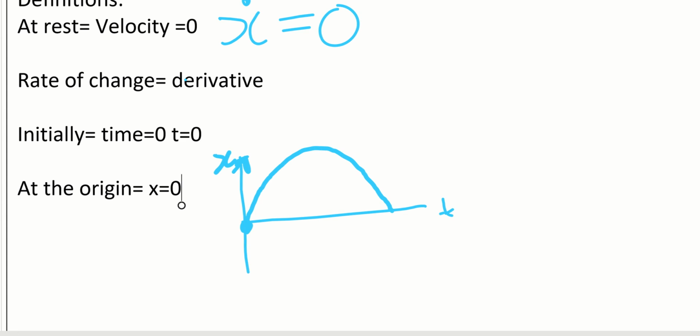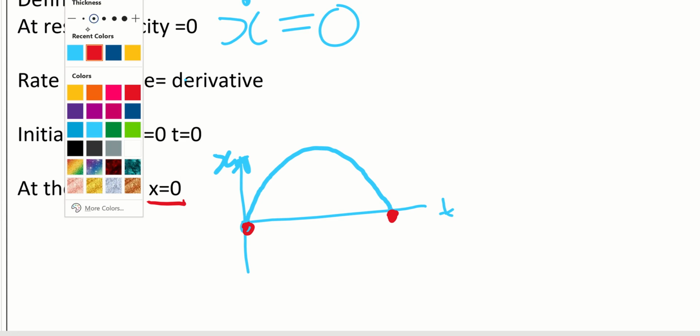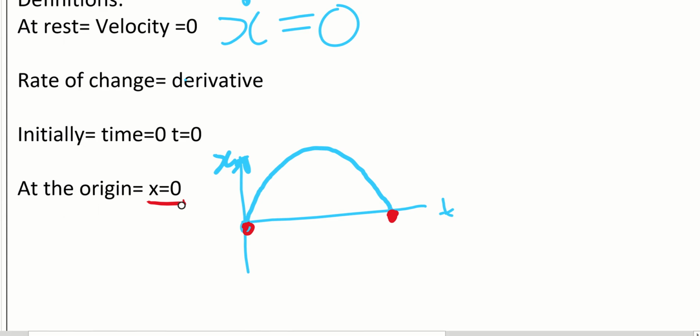So what we call the origin is when our displacement is 0. This is where it gets confusing, because now we represent the y-axis with x, because x is our displacement, how far you're traveling. So when you're at the origin, that's where you're at your t-intercepts. It's confusing because in the past, when we said origin, we would think of x and y being 0, the point (0, 0).